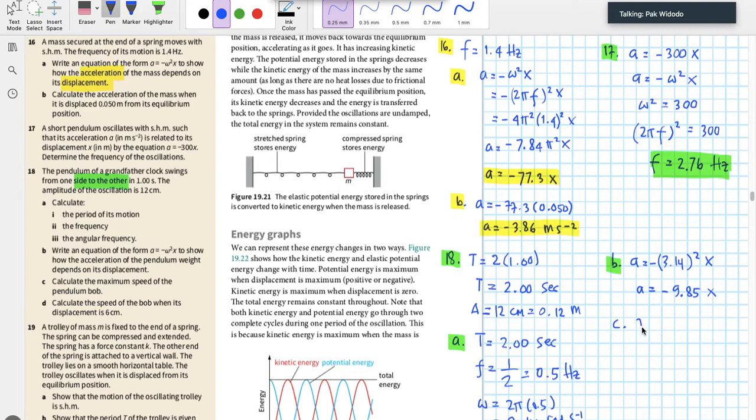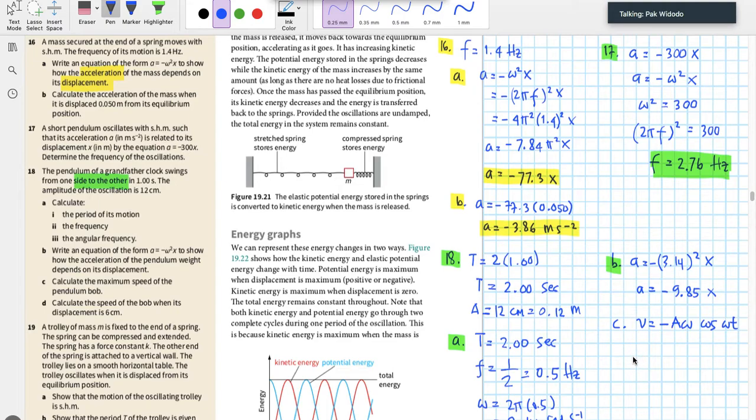We have v as negative A omega, cos omega t.